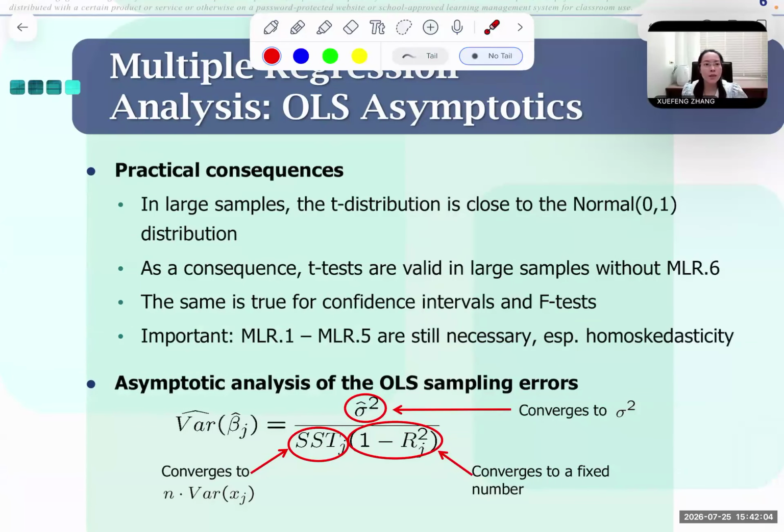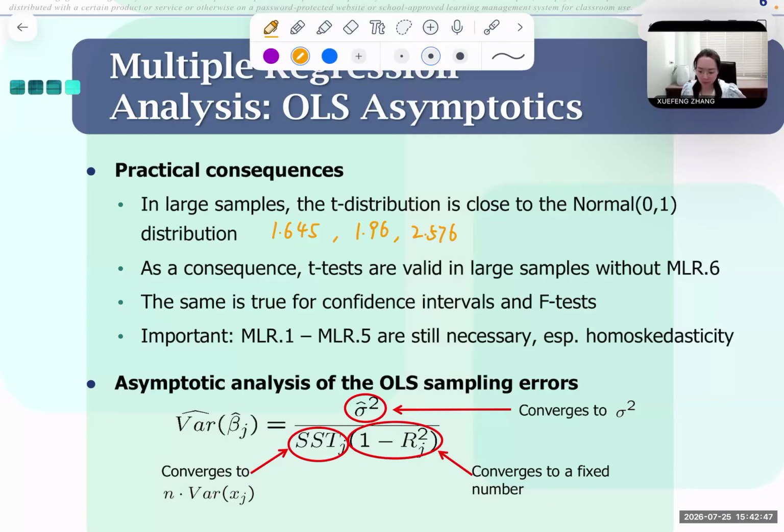Okay, let's wrap up with the practical takeaways of asymptotic normality. In large samples, the t distribution is close to the normal distribution. And here is the standard normal. That's why the rule of thumb critical values we memorized, 1.645, 1.96, and also 2.576, work so well in practice, even though technically they are normal critical values, not t critical values.